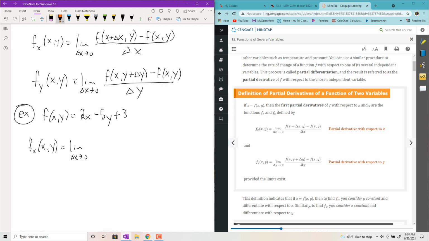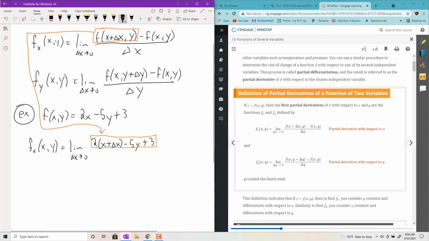I'm going to plug in x plus change in x. Wherever I see an x, I'm putting x plus change in x, and then minus 5y, leaving the 5y as it is, and plus 3. So that's that first portion.